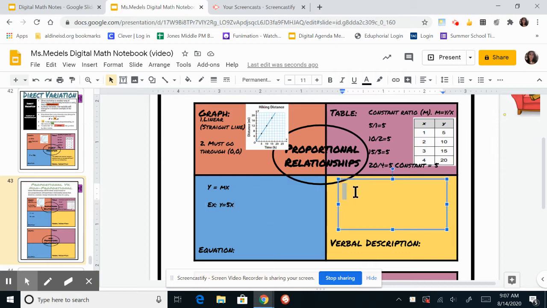Okay, and lastly, my verbal description. So the description should suggest there is a constant rate of change without addition or subtraction.